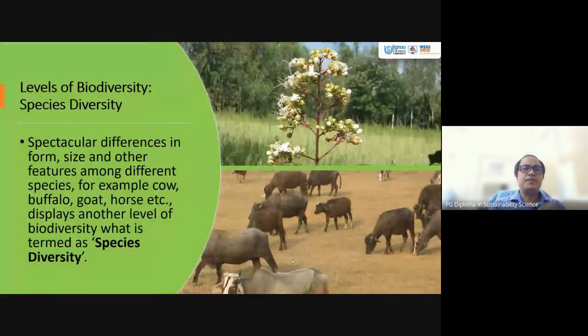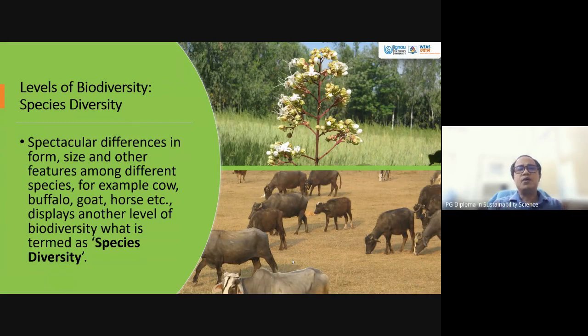Then coming to species diversity. When you talk about the animal community, we have a number of animals like lion, tiger, and elephant. Among domestic animals, we have different pets like dog and cat, and we have buffalo and cows.